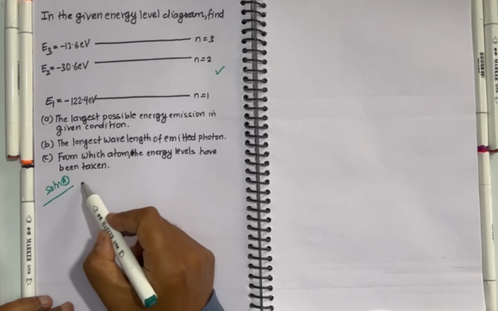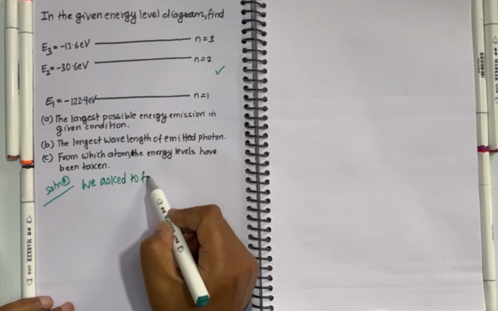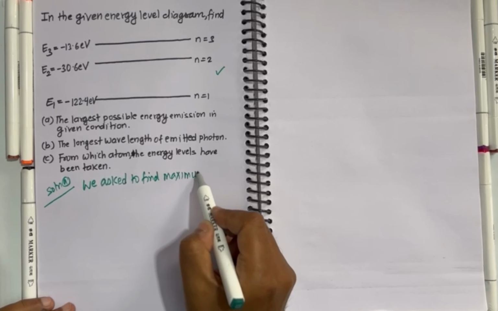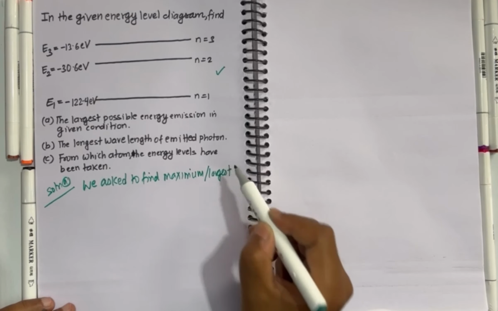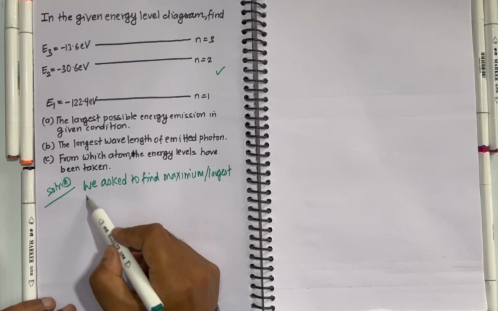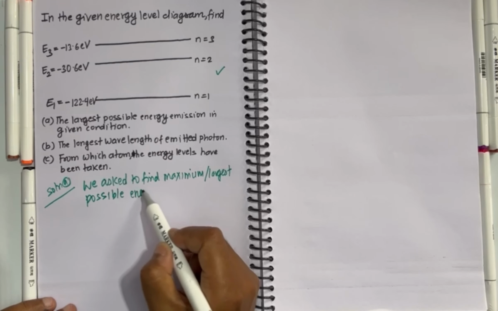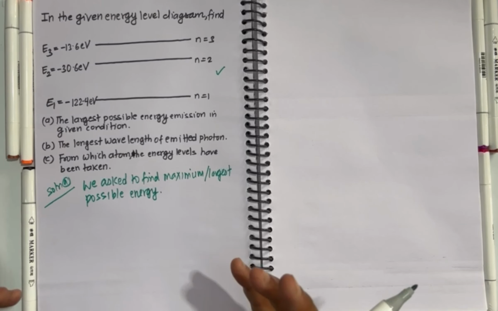So I'm writing, we are asked to find maximum or largest possible energy of the emitted photon.